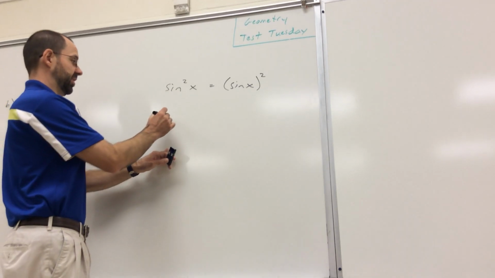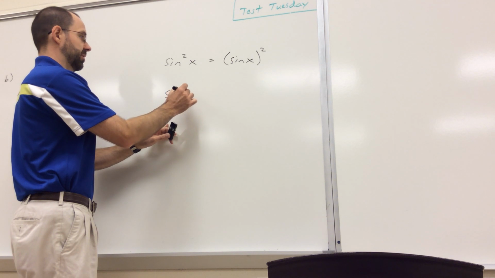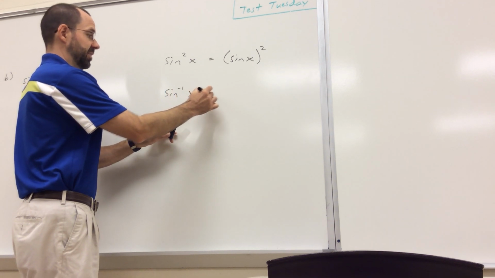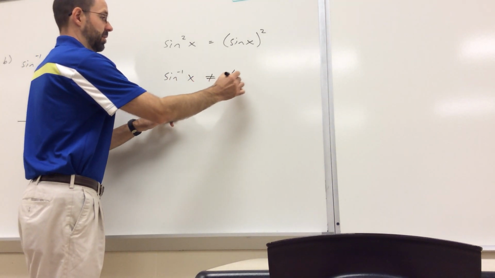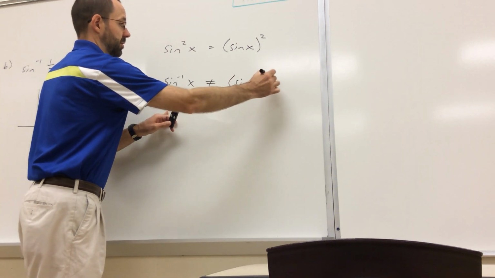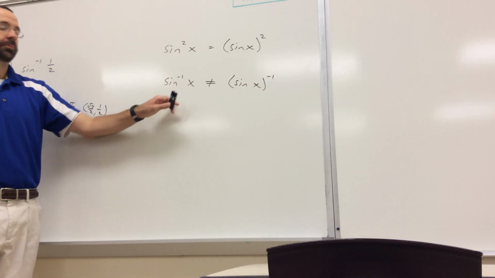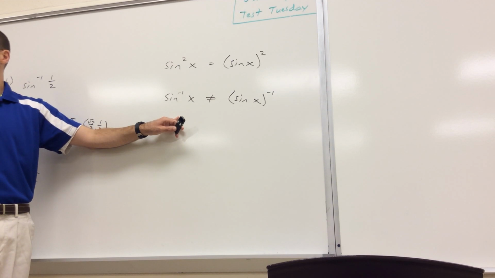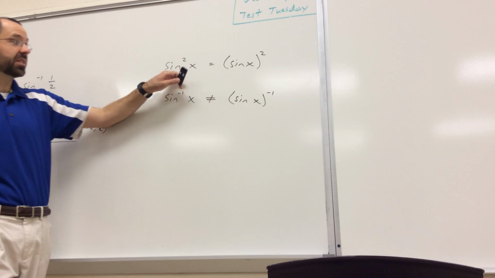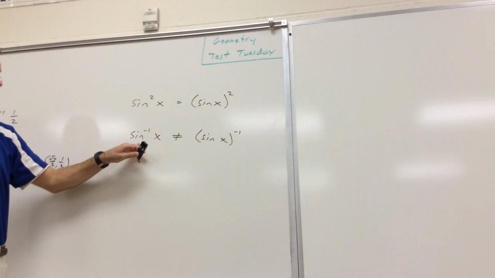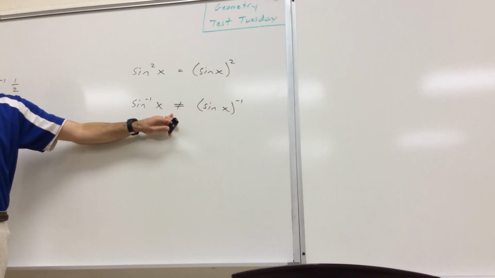But unfortunately, if you write this, it doesn't mean this. So that's a sort of strange decision that was made at some point regarding the notation. It seems like if this means this, then this should mean this, but this is just not true.